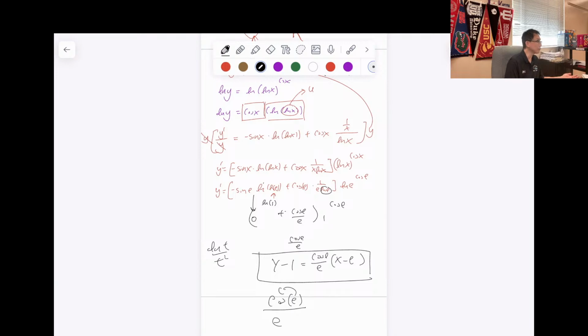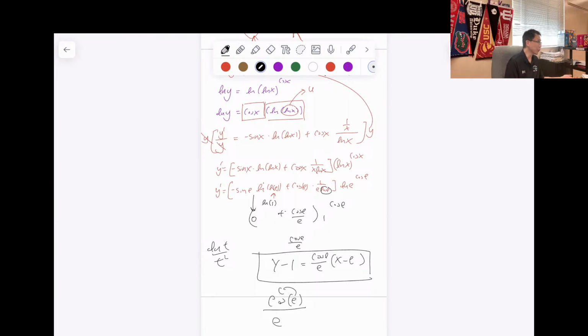Yes, Armin. I was just wondering, is there going to be a lot of e's on the test, like trig functions that we can't really plug in, so we just keep them as cosine? Ideally, if you have cosine of e, you cannot evaluate it.